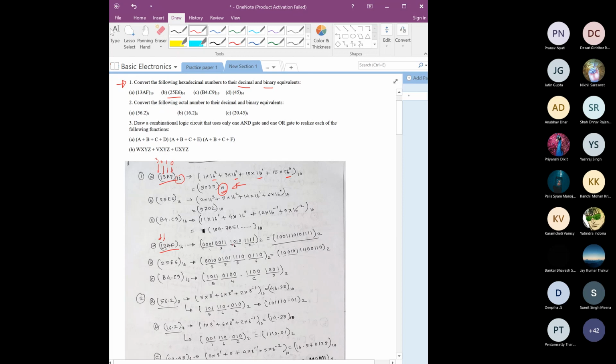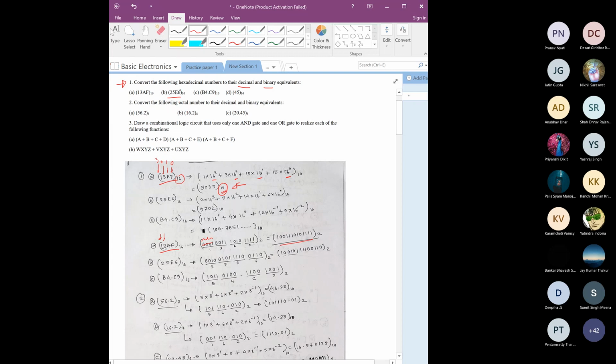For A, it would be 1010. So remember that for each and every digit, you have to write its binary equivalent, and that should contain 4 bits. Finally, you can see these three zeros on the left; they do not signify anything, so there is no point in writing them. We can simply remove them, and that will give you the binary equivalent. So this is how we can do this conversion.